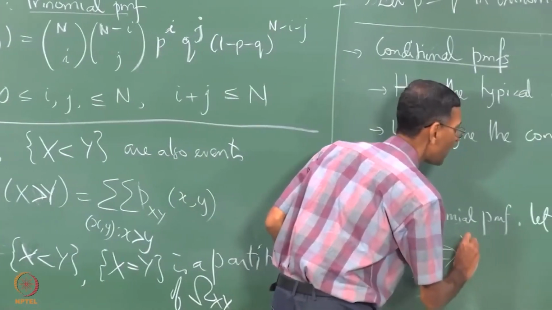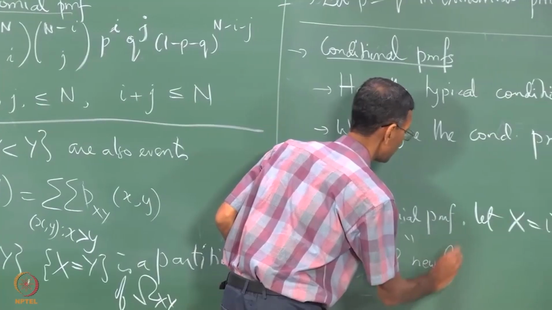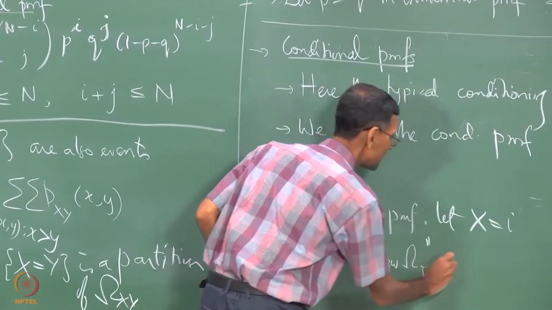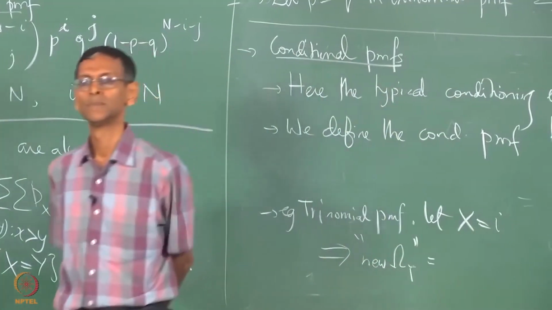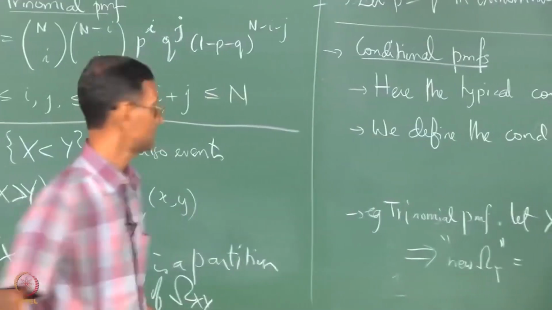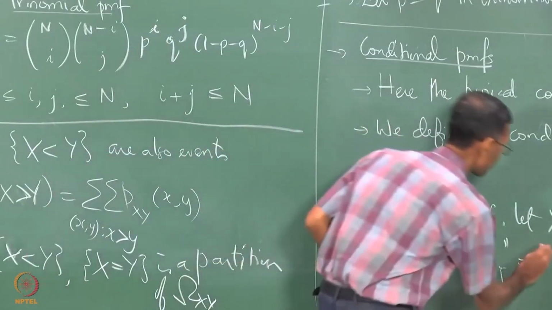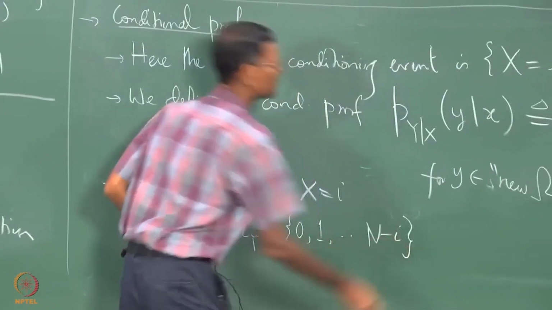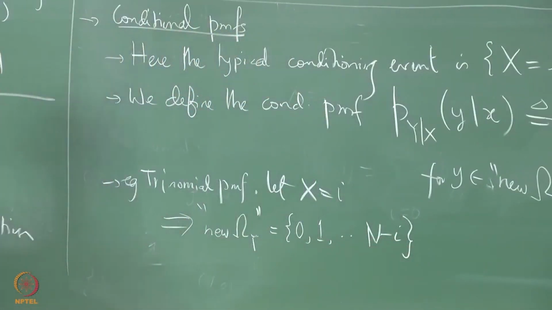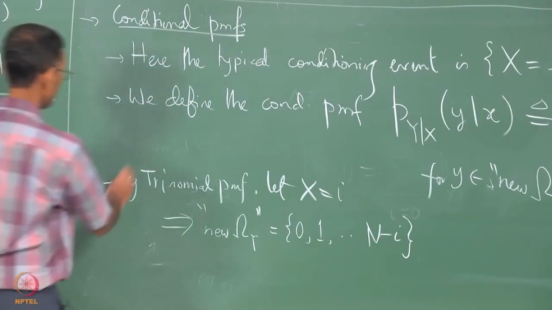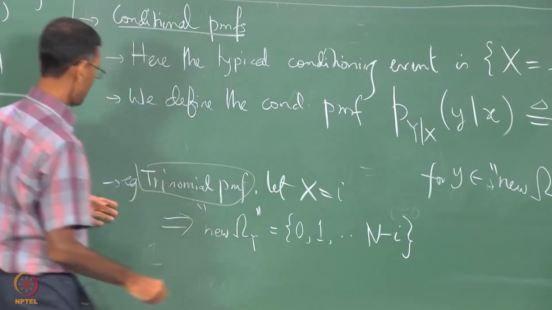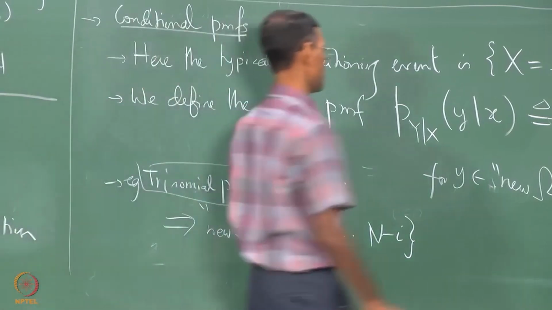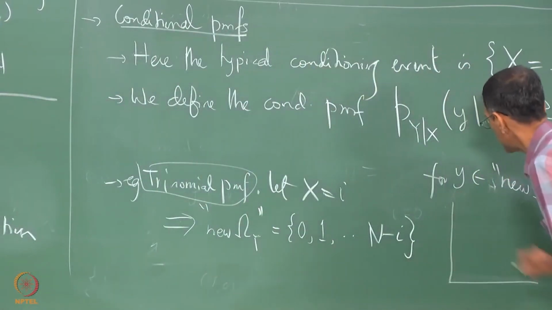Then the new omega Y is, in general depending on i, the set of integers 0 to n minus i. Maybe I should have drawn that picture and kept it, but I can draw it again.